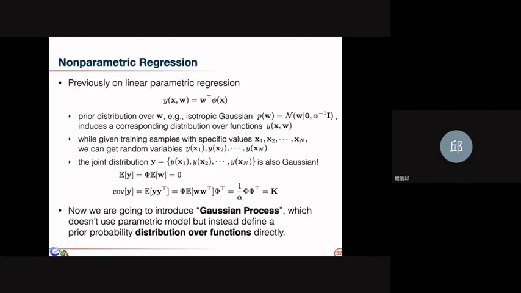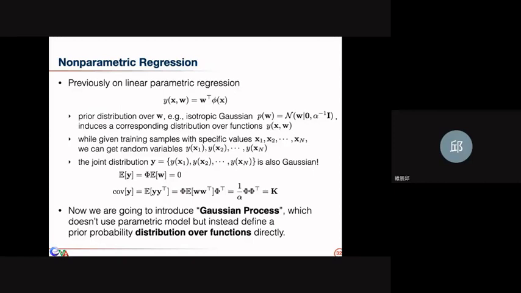So basically that means the relation between the feature vector and y is described by this parameter w, right?